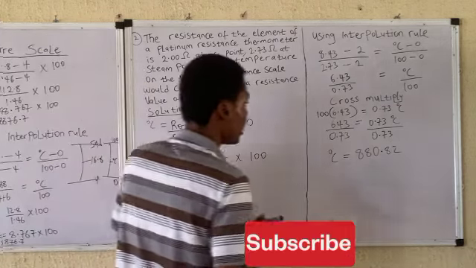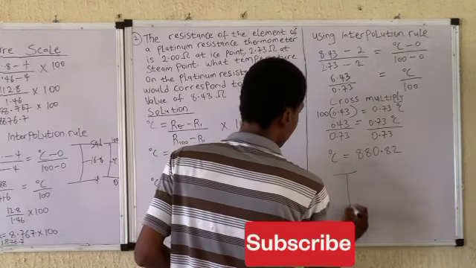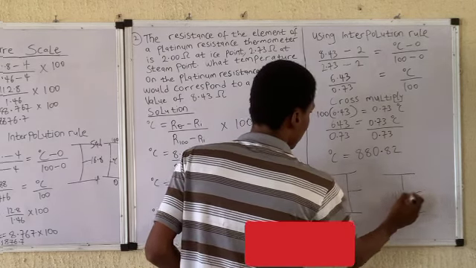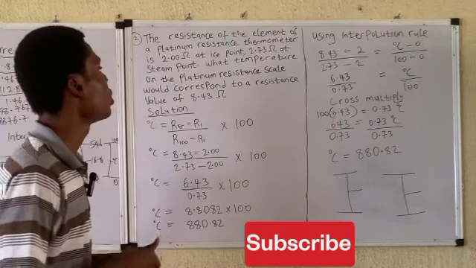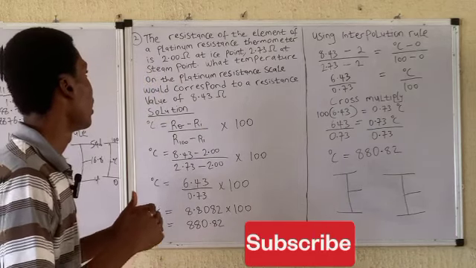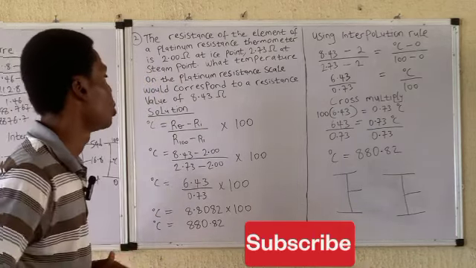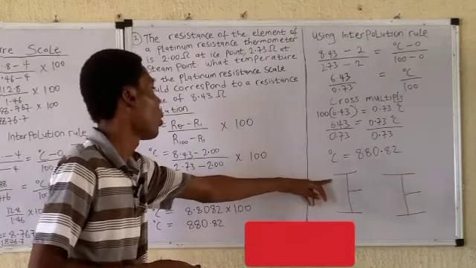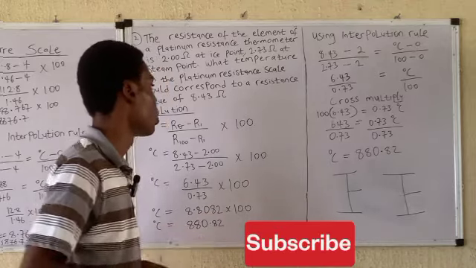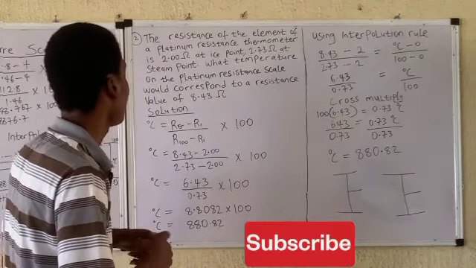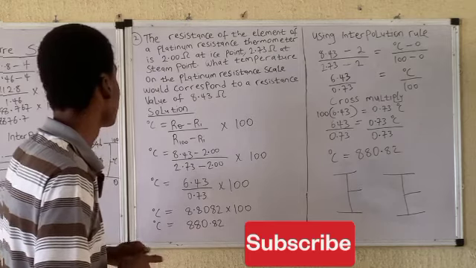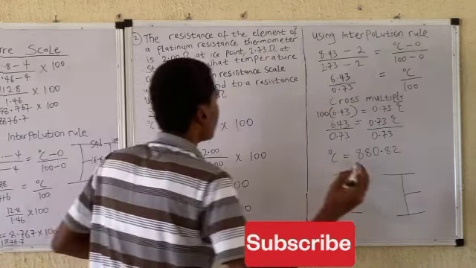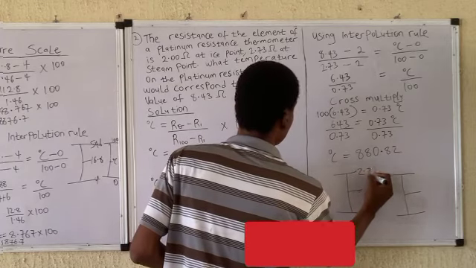Now, as we know, our interpolation rule, we are solving this question with respect to our degrees Celsius. So from the question, the top one, we take this one as the resistance scale. So what is our upper fixed point here? Our upper fixed point here is 2.73. So we write our upper fixed point here, 2.73.